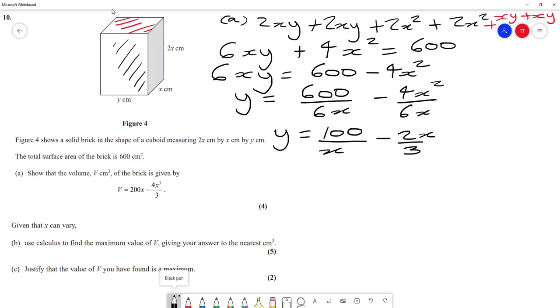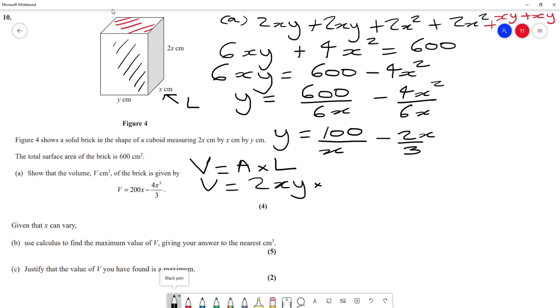So now that I know what y is, I can then use the formula from GCSE that we all know, that the volume of a prism is the area of the cross section times the length. Now the area of the cross section, in our case, I'm going to use the front face here, which is going to be 2x times y. So I get 2xy. Now the length, in my case, I'm going to call this x.